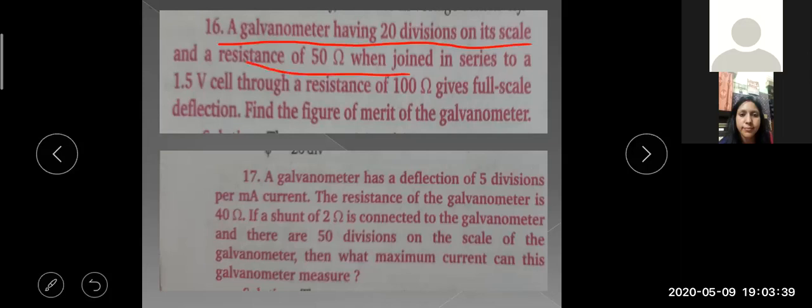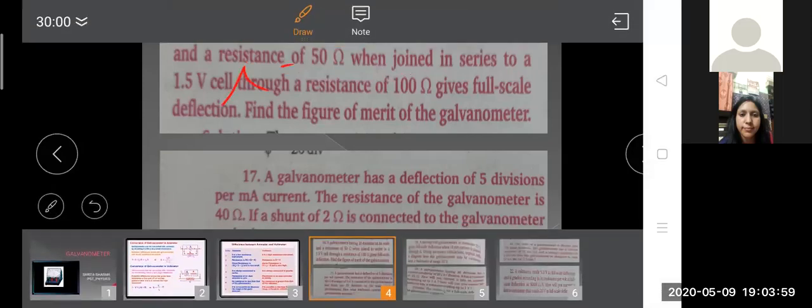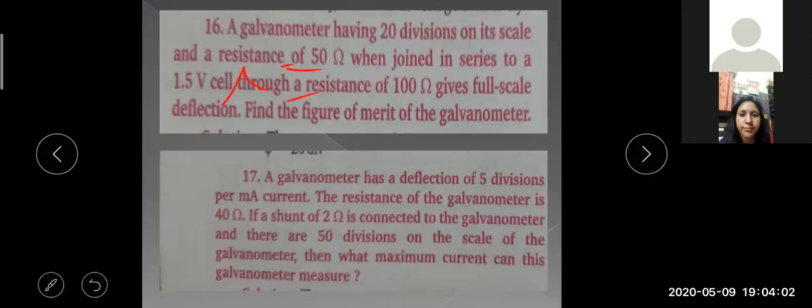Here you are given a galvanometer having 20 divisions on its scale and a resistance of 50 ohm. When it is joined in series to a 1.5 volt cell through a resistance of 100 ohm, it gives a full scale deflection. The current is given by the formula I equals E upon (R plus R).